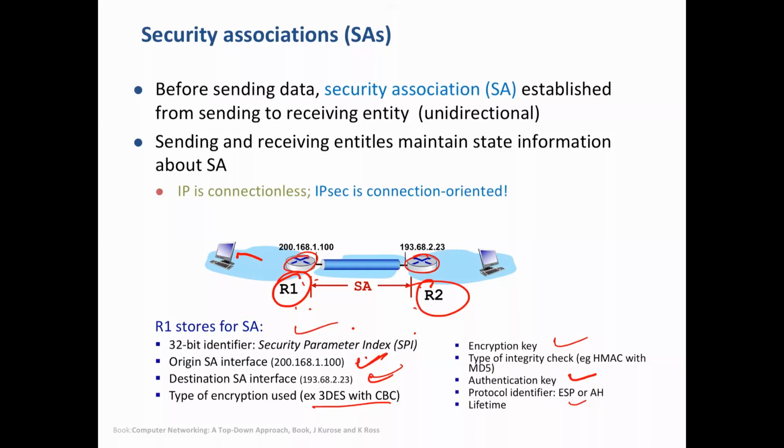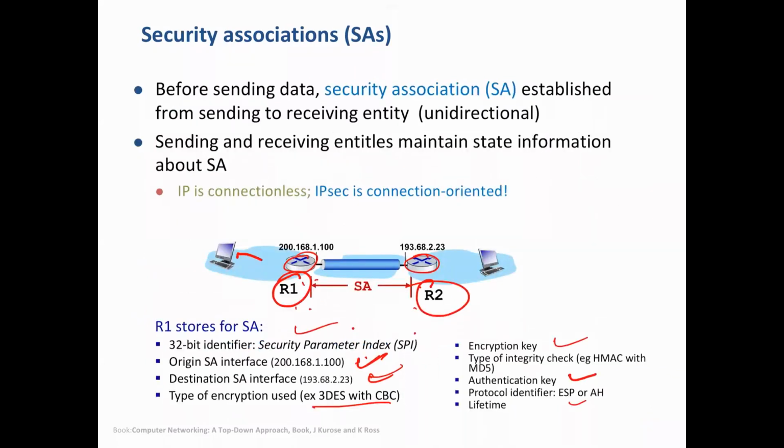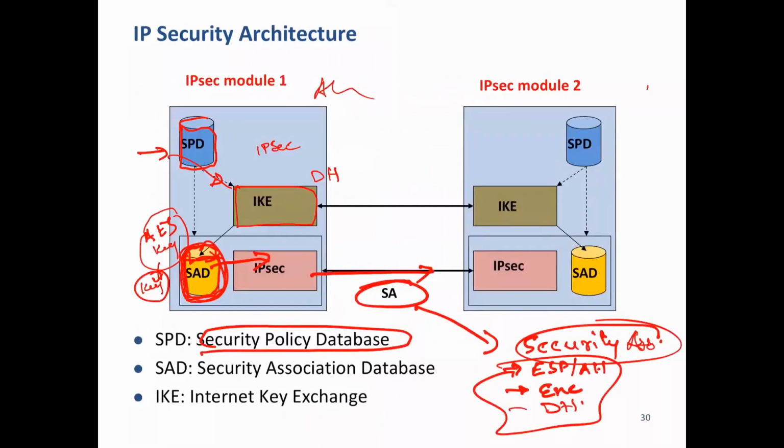Yes. Okay, all right. Now it means that the security association is formed and communication can happen. There can be many such security associations, and they have to be kept somewhere. We call this database the security association database, SAD.